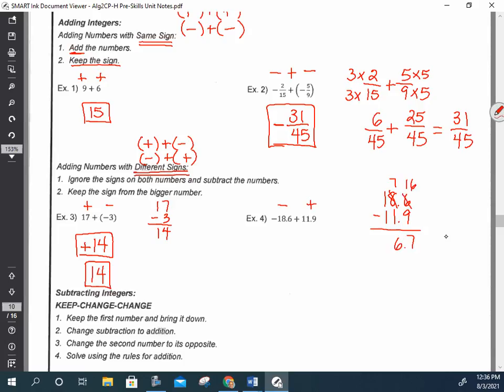Again, we're working with decimals. Decimals are numbers too. So this gives you 6.7. Now you look at the two numbers. 18.6 is a bigger number than 11.9, and it had a negative sign in front of it. So that means your answer is going to be negative.